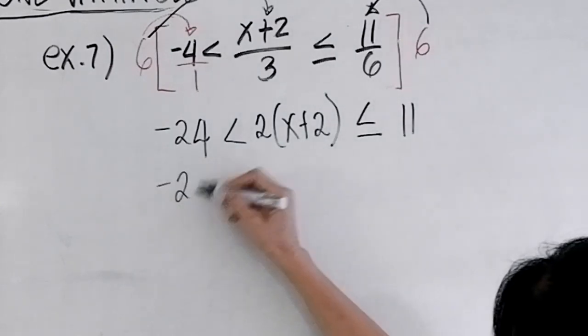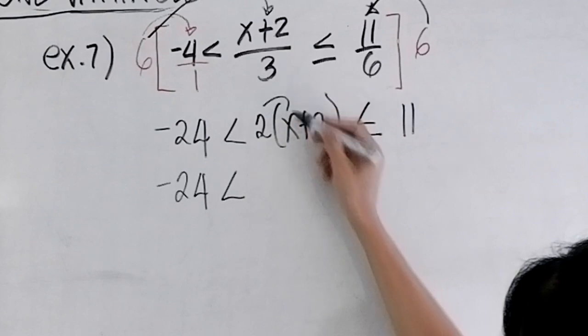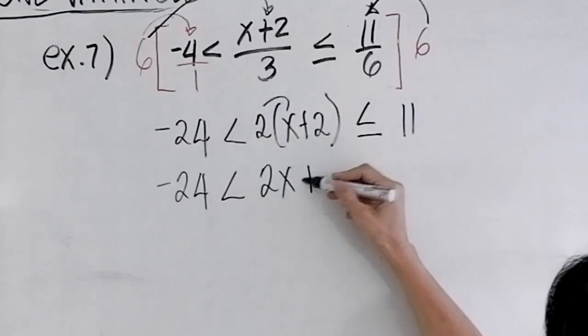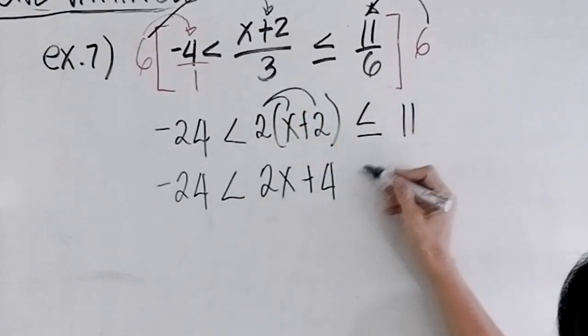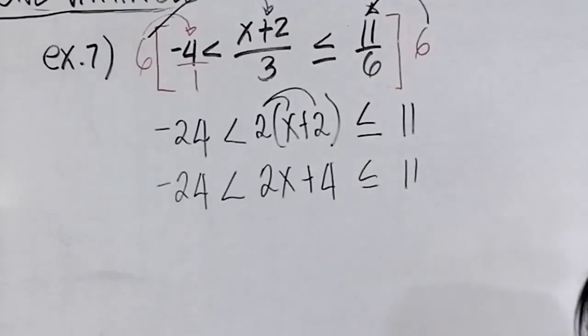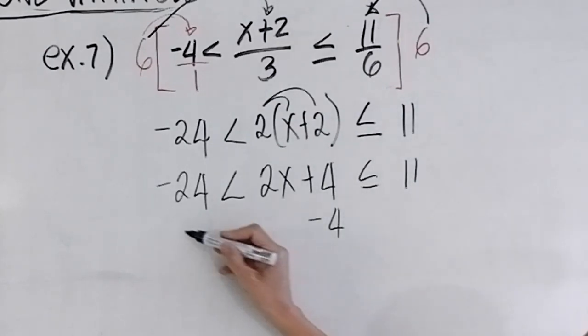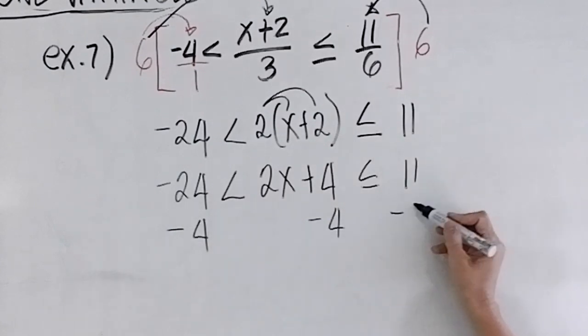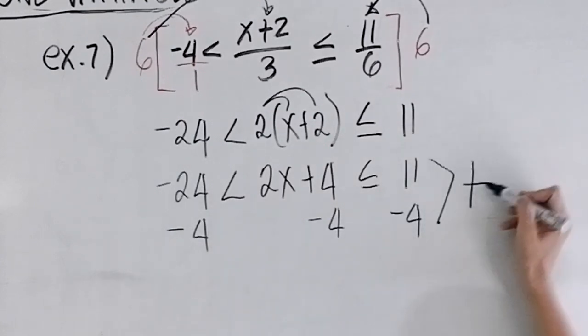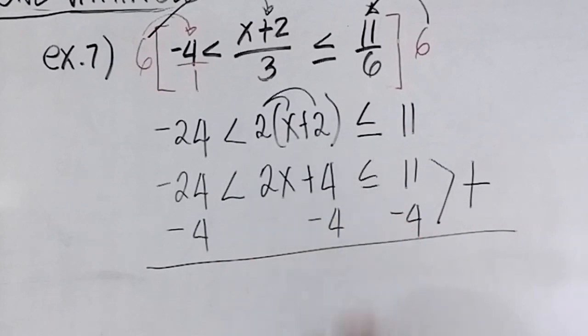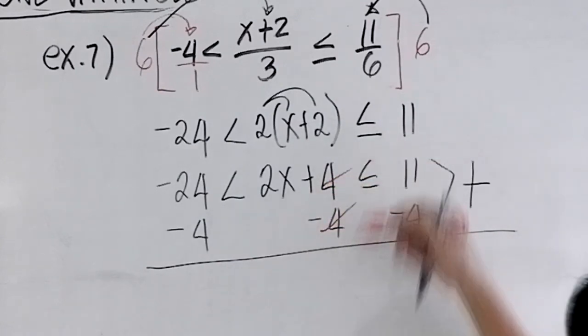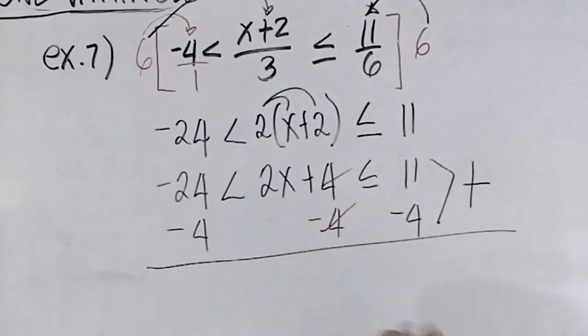Distribute 2 here. 2x plus 2 times 2 is 4 less than or equal to 11. Remove 4 by subtracting 4 to all sides, then add this 2, you get 0. 4 minus 4 is 0.